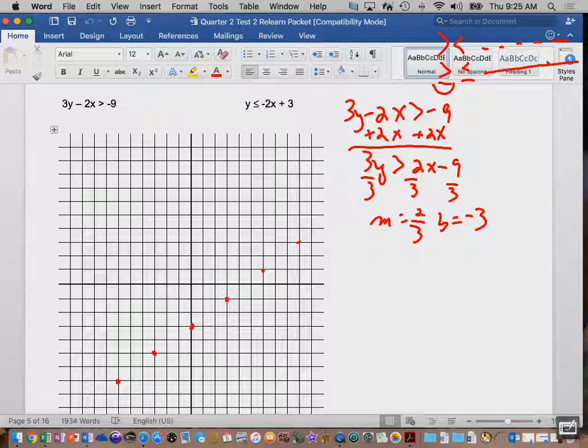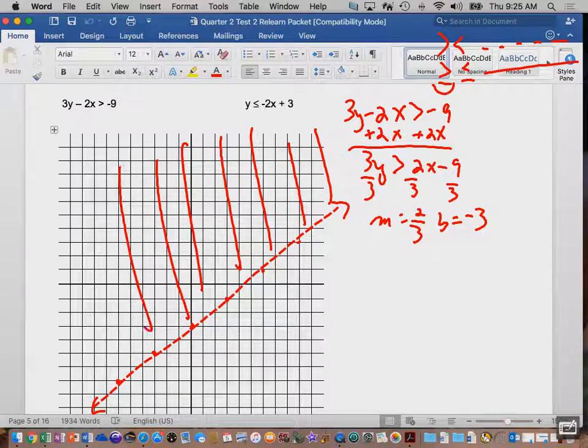And this is a strictly greater than, so it's going to be a broken line. So there's my broken line. And it is greater than, so I shade above.